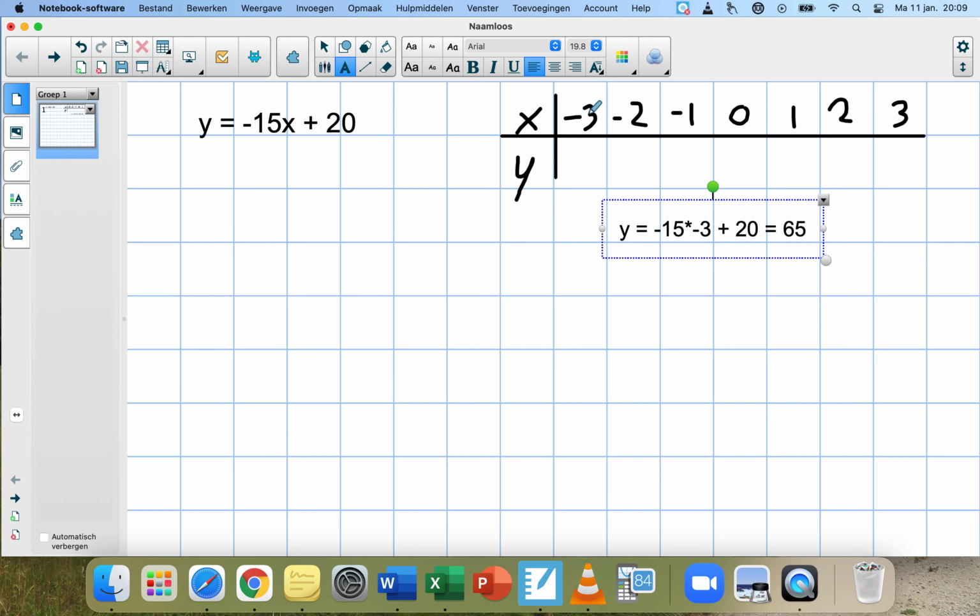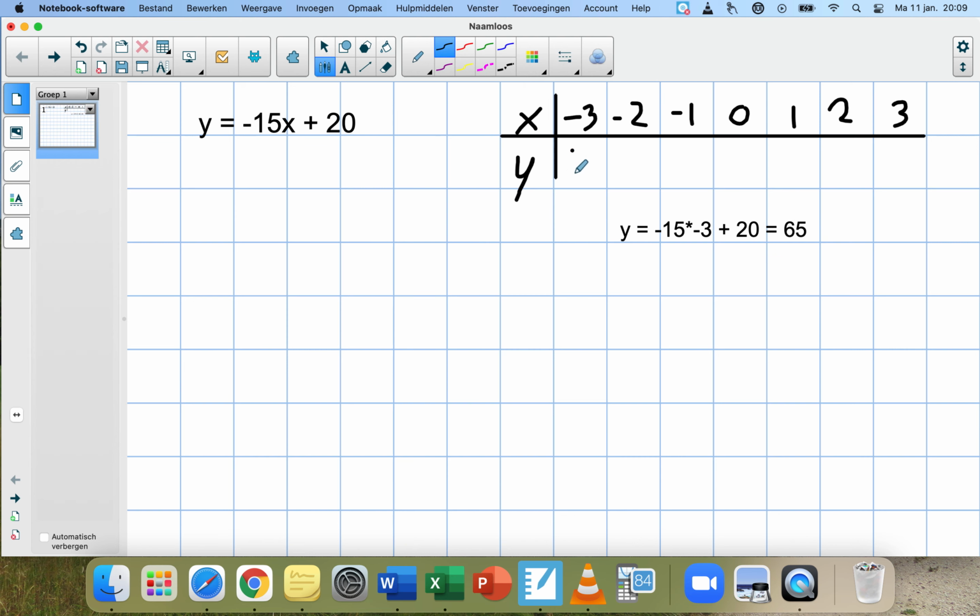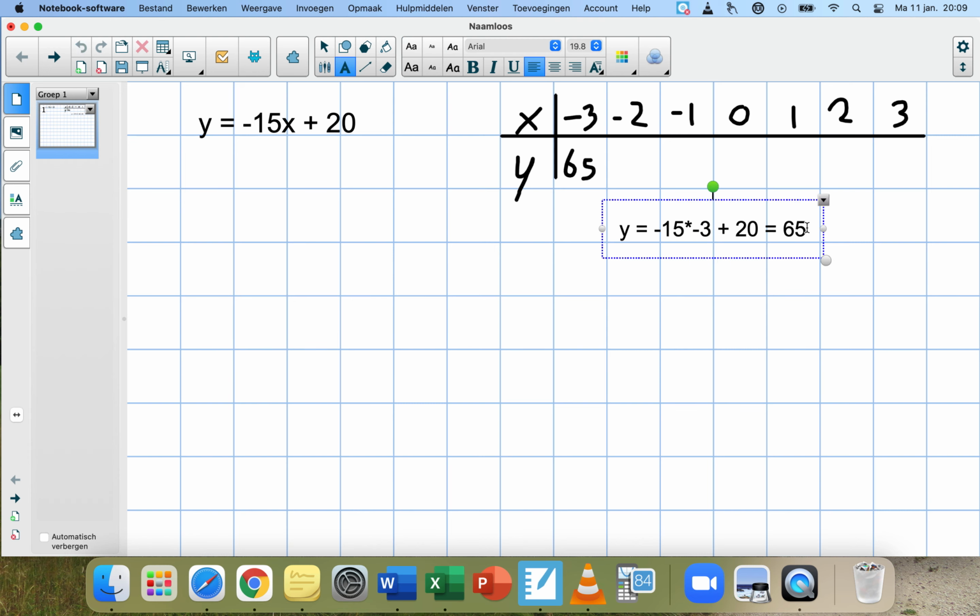So we fill in below minus 3, 65. And we're going to continue this, so the next one is y is minus 15 times minus 2. We are going to fill in the minus 2 plus 20. Minus 15 times minus 2 is positive 30, plus 20 is 50.